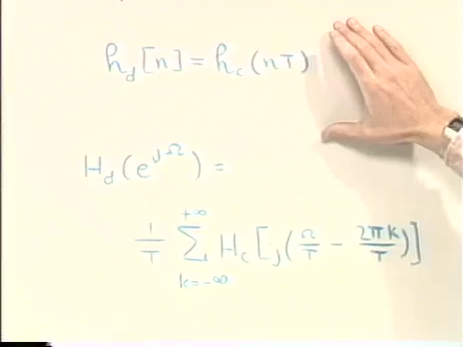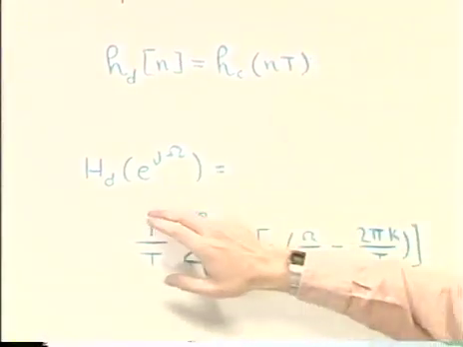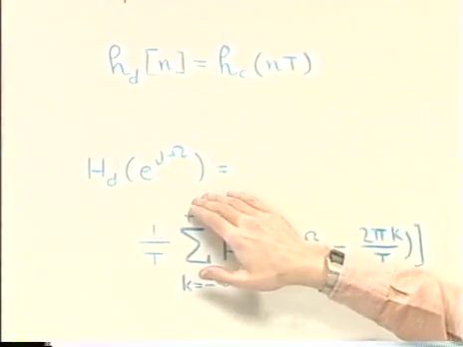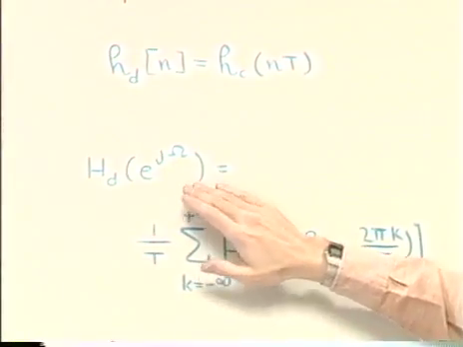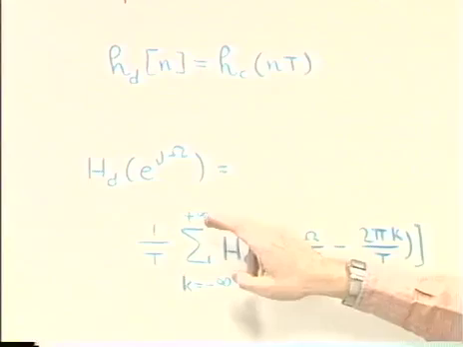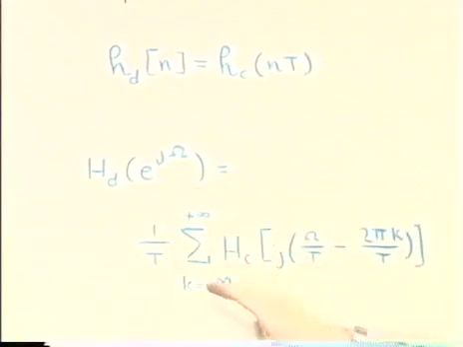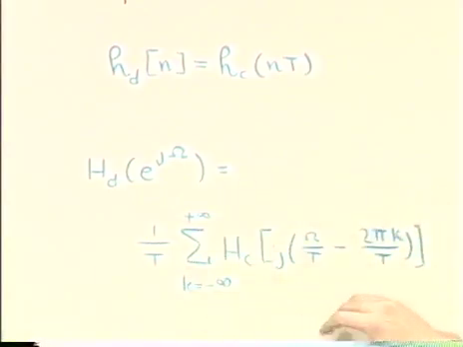Now, remembering the issues of sampling, the discrete time frequency response, then, since the frequency response is the Fourier transform of the impulse response, is related to the continuous time impulse response, as I indicate here.